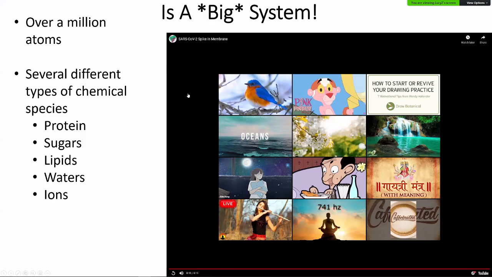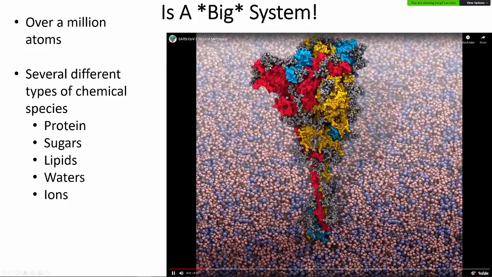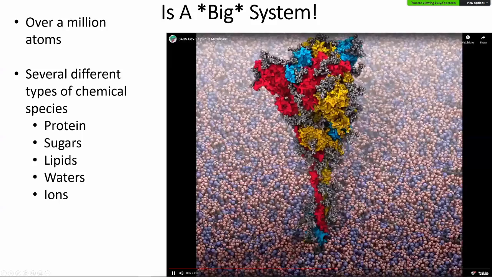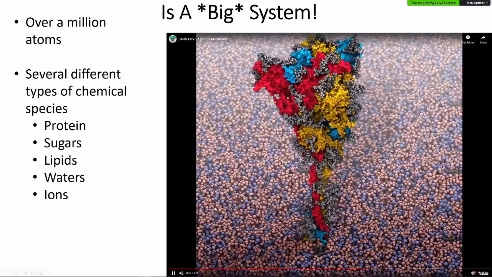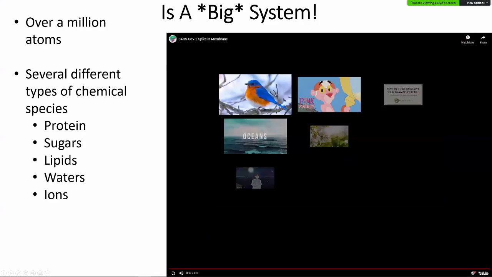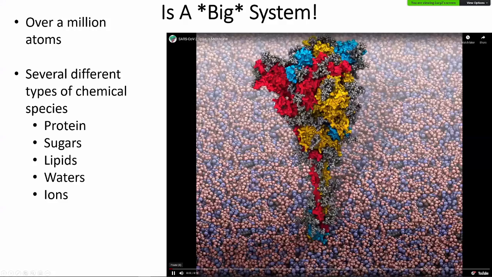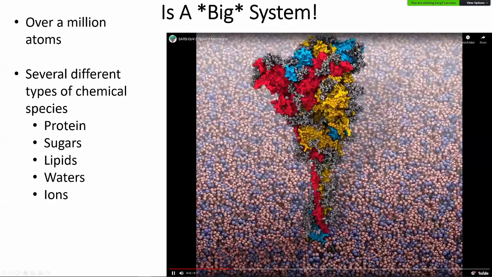There's a variety of different types of chemical species, right? There's that protein that the spike is made of, but then there's also the sugars that decorate it, and they have different chemistry. They have different parameters. There's also the lipids that this virus is immersed in, that this protein is immersed in, right? These wiggling, jiggling beads on the bottom here. And then all of this, I have it hidden, but all of this is simulated in a box of water, right?